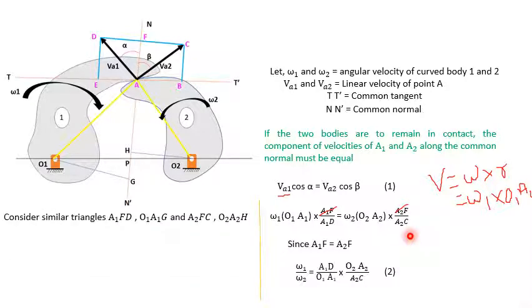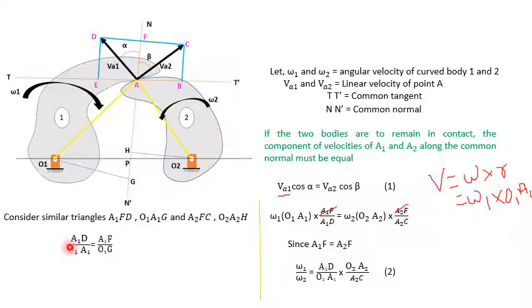Next, we are going to consider two triangles, A1FD and O1A1G. These two are similar triangles, because here also we have angle alpha. Similarly, A2FC and O2HA2 are similar triangles, because here also it has angle beta. Since these are similar triangles, we can equate the sides.